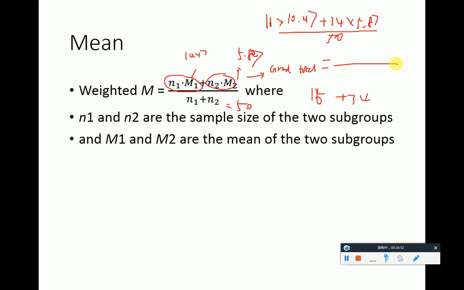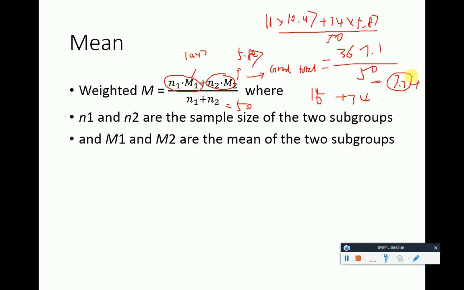If my calculator is right, the grand total is going to be 367.1, divided by 50. That will give us 7.34. I believe that's the correct answer.